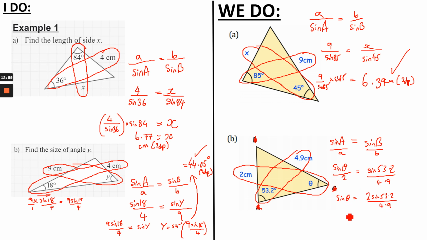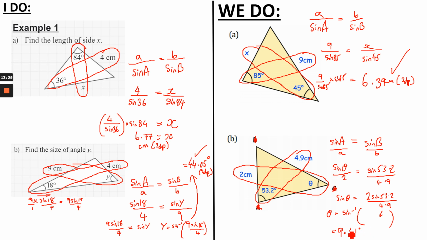And to work out theta, you need to do the inverse, so sine to the minus 1 of our answer. If I type that into my calculator, I should get an angle of 9.41 degrees. Now, I think that's quite low.